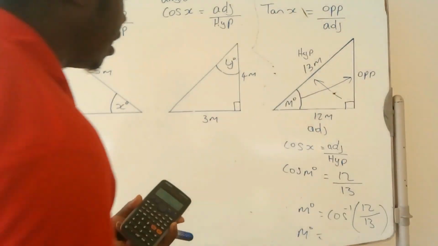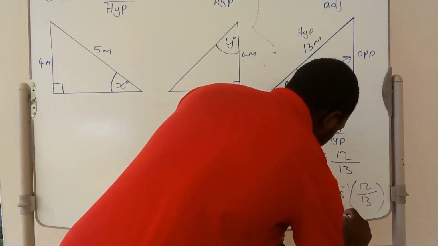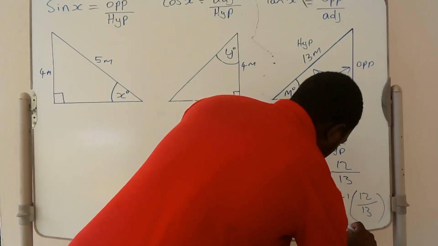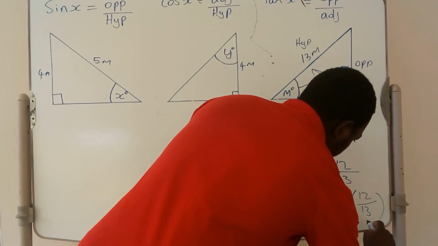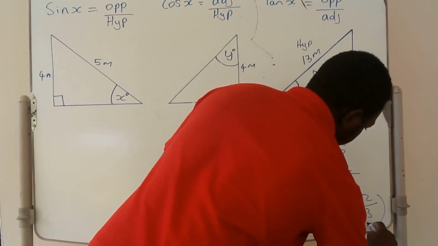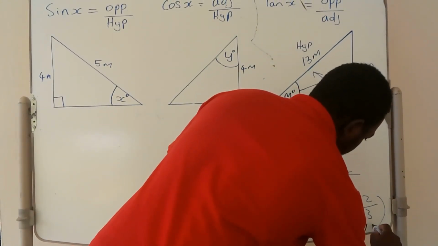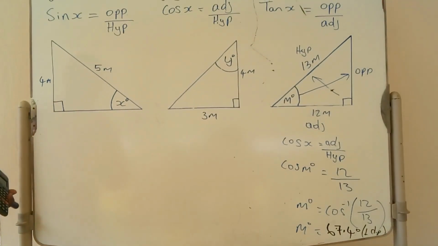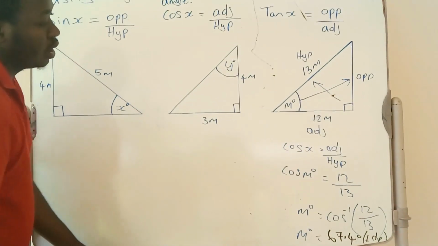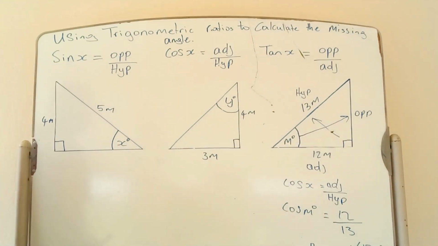So our final answer is 67.4 degrees to 1 dp. And you just put that in a bracket, to 1 dp. And that's how you would use the cos ratio.